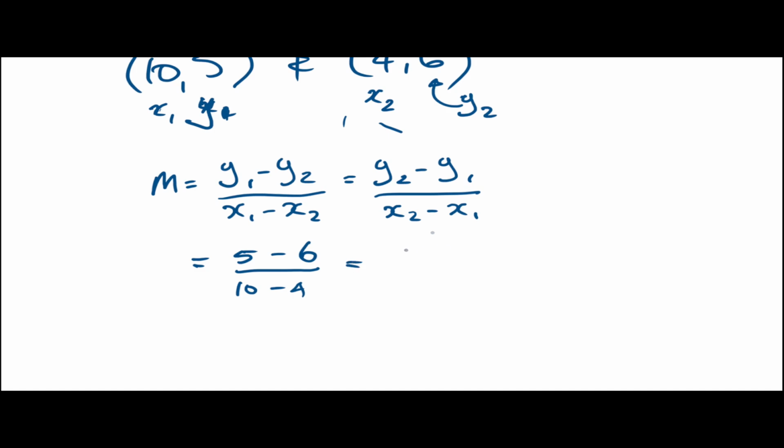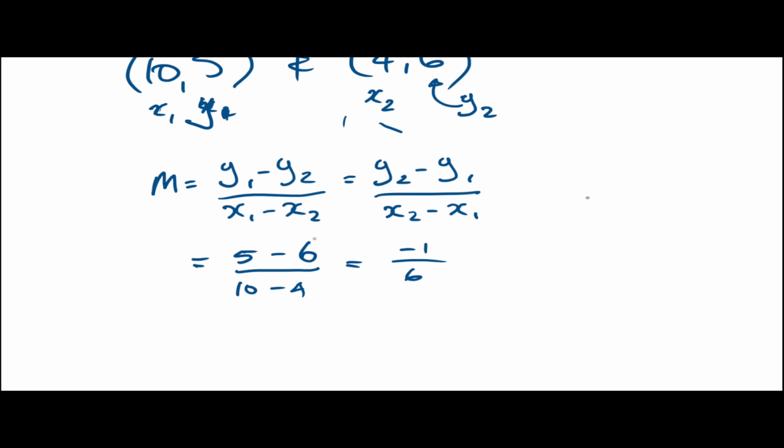So our answer is going to be minus 1 over 6. And I'm going to leave it in that form there. I'm not going to turn it into a decimal number for two reasons. When I have 1 over 6, it's going to give me an awful recurring number that's going to go on and on and on forever. But also I know now what's going to happen when I come to draw this graph.